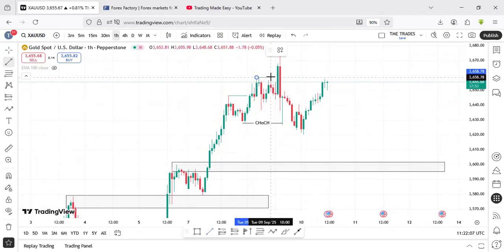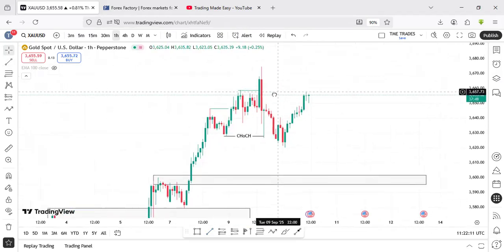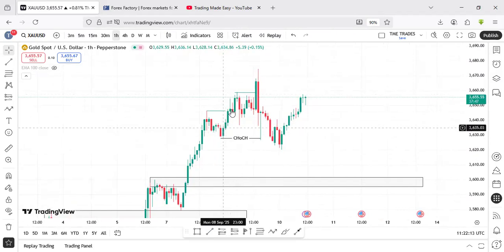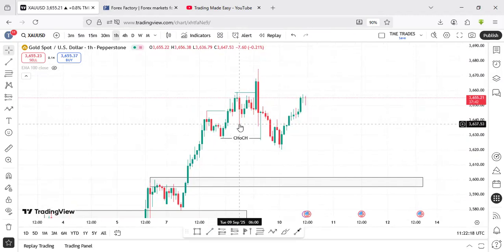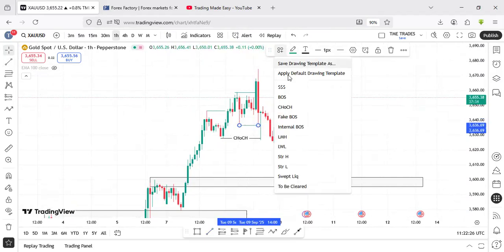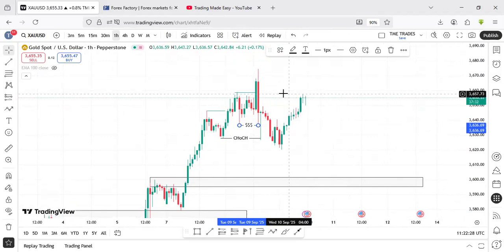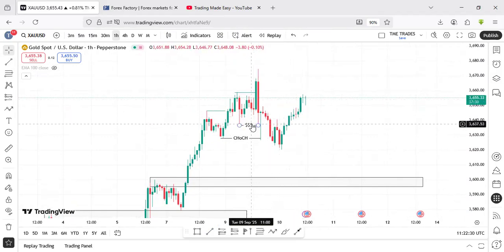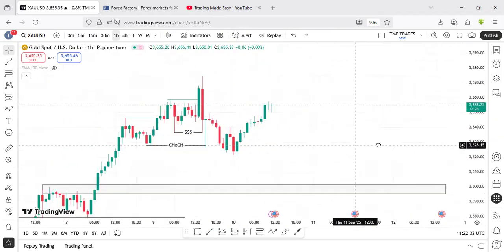And created another higher high here. Now, after creating this higher high here, what happened? The market came in here and created a liquidity that needed to be what? Swept. Now, after creating this, the market swept that liquidity.